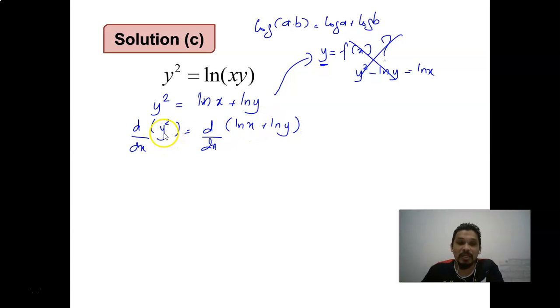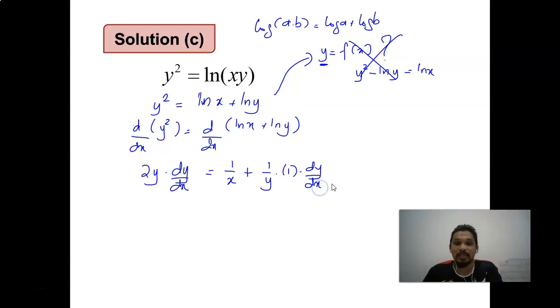So derive y squared to 2y, and because we derive y with respect to x, we come up with dy dx. Differentiate ln x, 1 over x, and derive ln y, 1 over y, and derive y equals 1, and because we derive y with respect to x, we come out with dy dx.